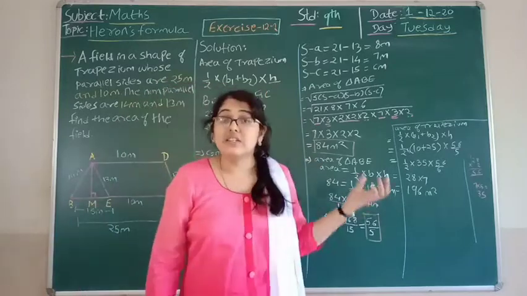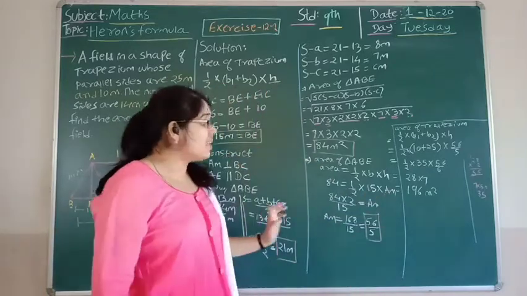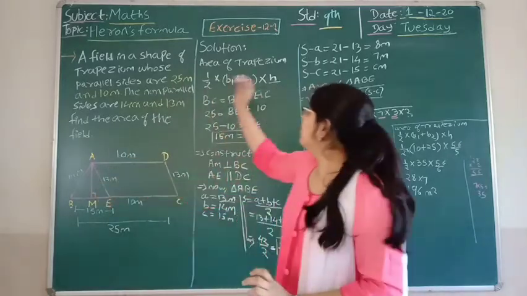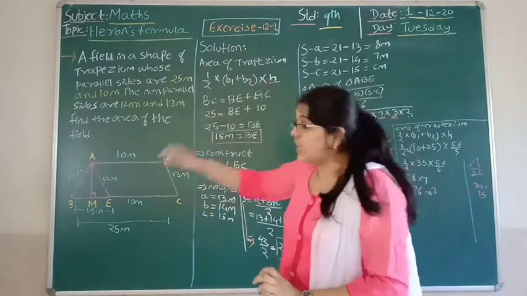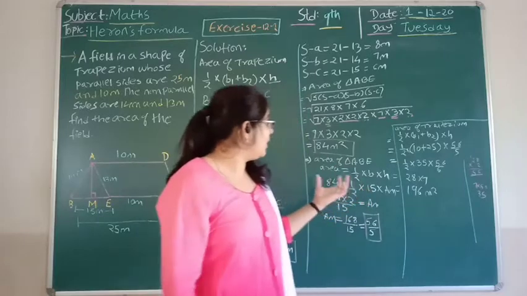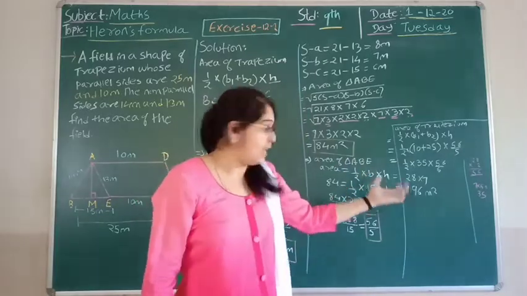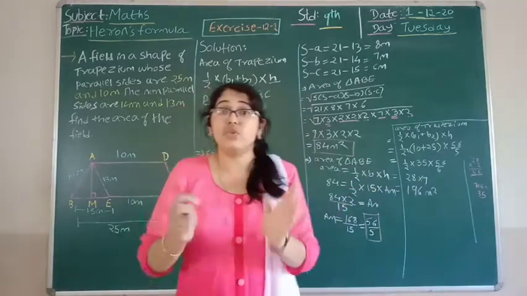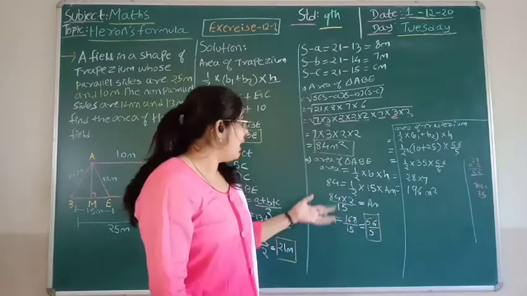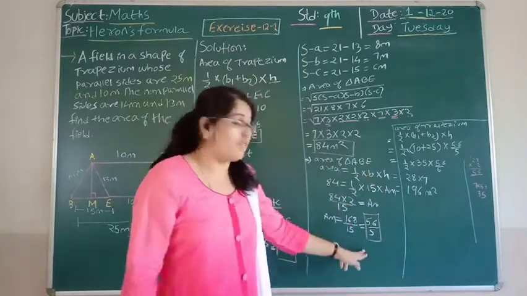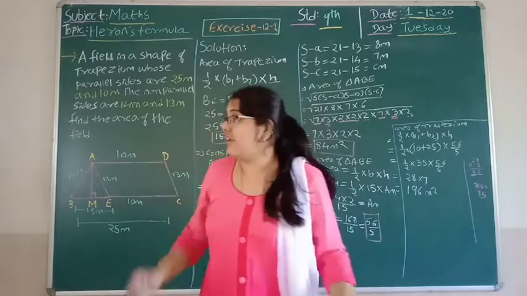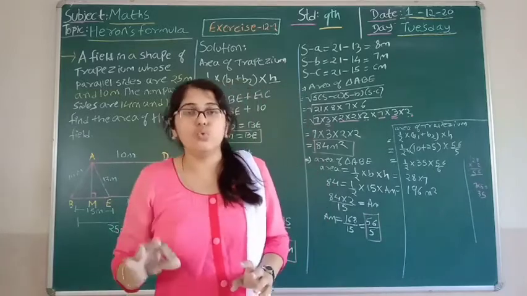The next thing we needed to find was the height. For this, we applied the formula for the area of a triangle, that is half into base into height, and applying all the values we got 56 by 5. Instead of it, I can also write 11.2, right?